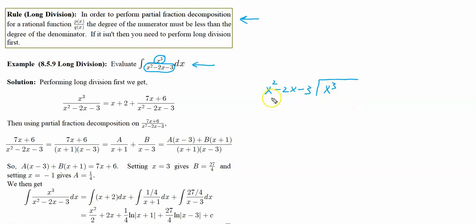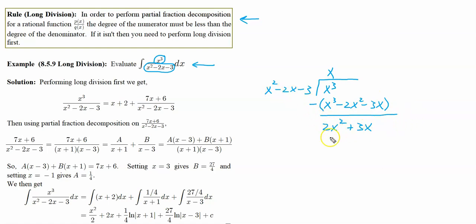So if we divide x cubed by x squared minus 2x minus 3, just doing long division here, you'll notice we need to multiply this by an x, so we'll get the x cubes canceling. So the x cubes cancel, we get 0 x squared minus negative 2x squared, so we get 2x squared. 0 x's minus negative 3x, and no constant terms.